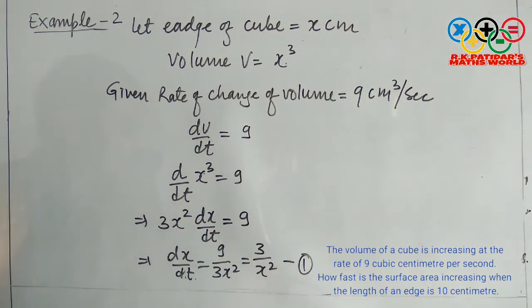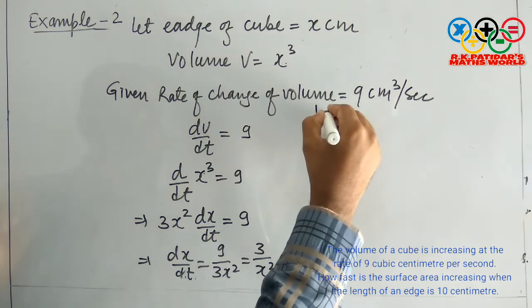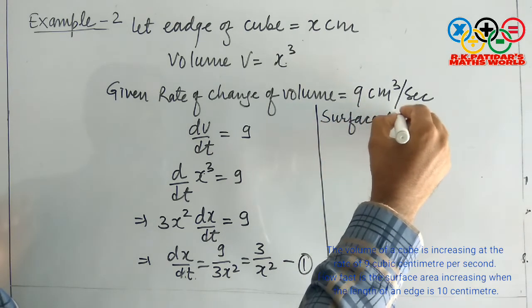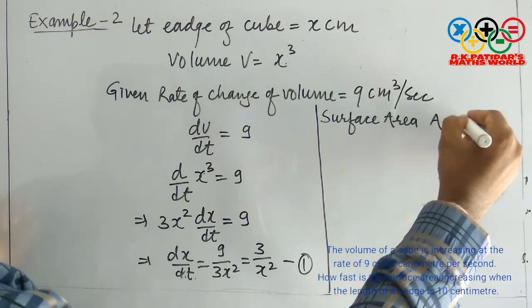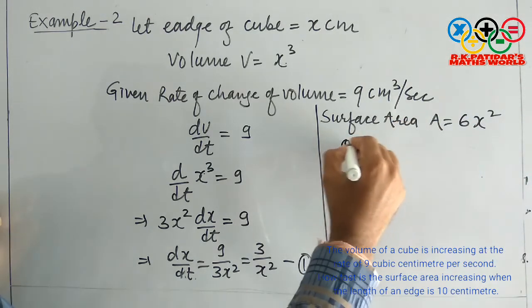Here what we have to find is the rate of change of its surface area. The surface area of the cube, which we represent by A, will be 6x square.